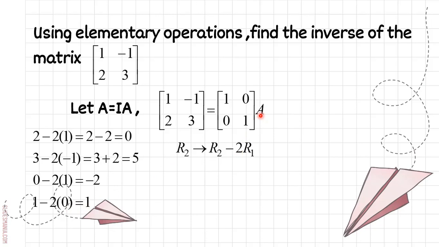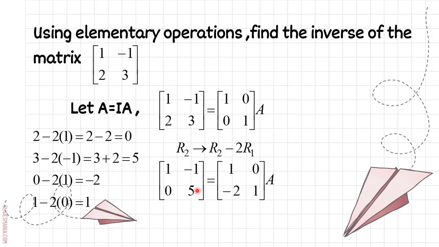The changes take place in the second row only, so the first row elements are the same. After performing this operation, the matrix reduces to: second row elements 0, 5, and on the RHS second row elements minus 2, 1.